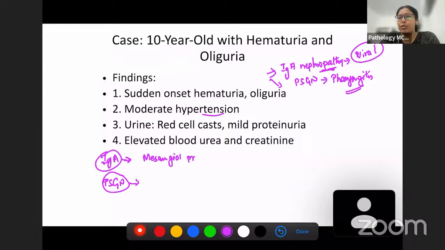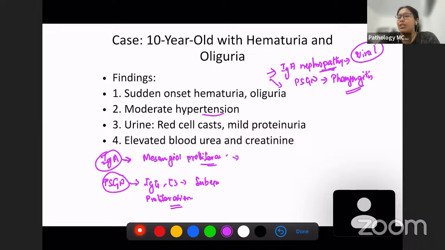Post-streptococcal glomerulonephritis has C3 and IgG deposits in the subepithelial region, with proliferation of capillaries, right? External proliferation, whereas IgA nephropathy has mesangial proliferation and mesangial and paramesangial deposits. So these are a few key points which you have to remember.